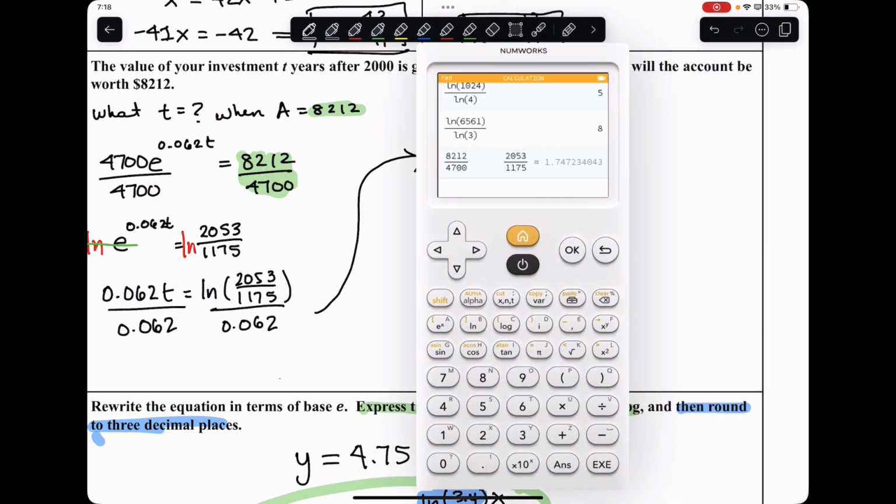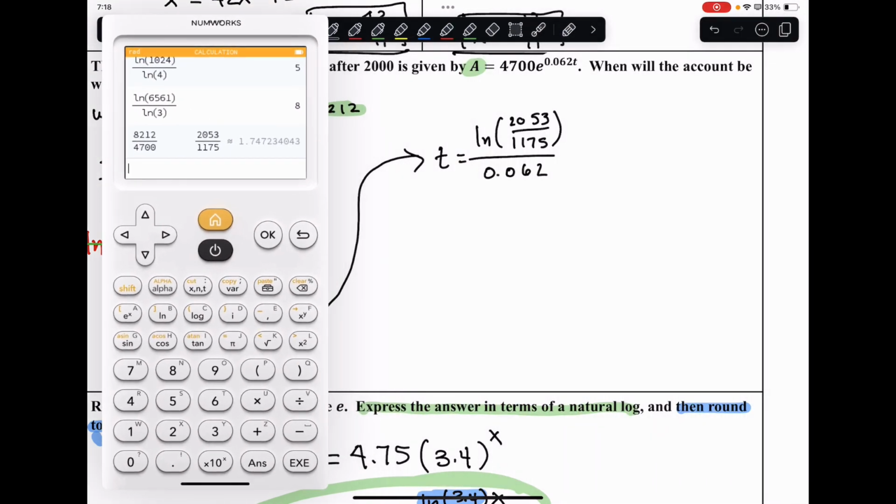To figure out the approximated value, we now just simply plug that into our calculator. So let's take the natural log of the fraction 2053 divided by 1175. Let's close those parentheses and divide that by 0.062.